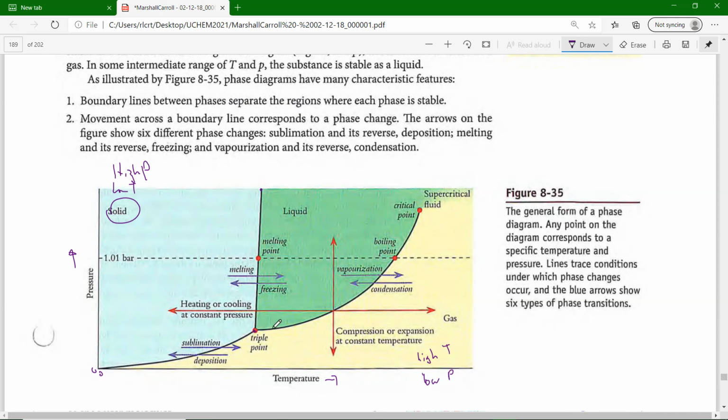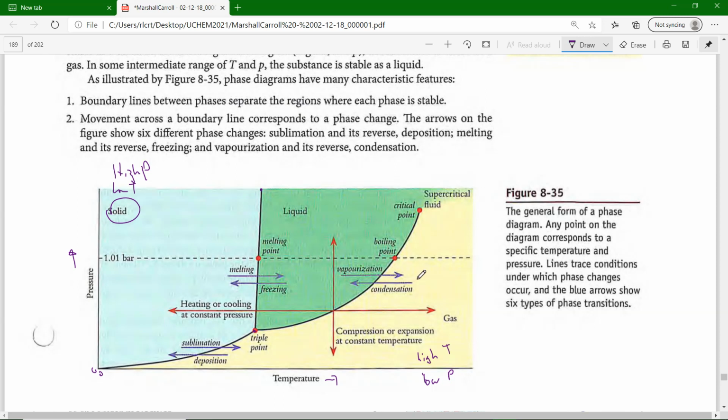Then we have another curved line here, which is a boundary line between liquids and gases. So between liquids and gases, we have a region which is in equilibrium.